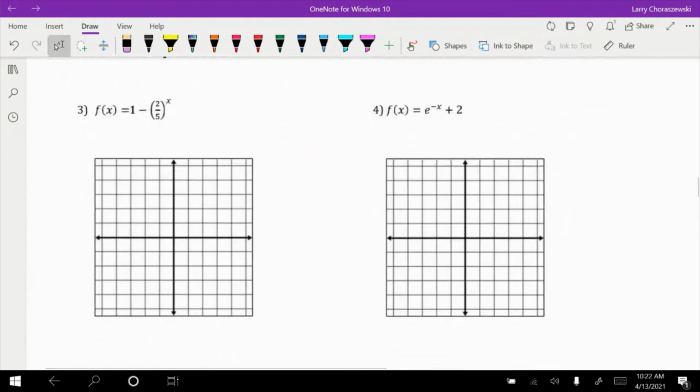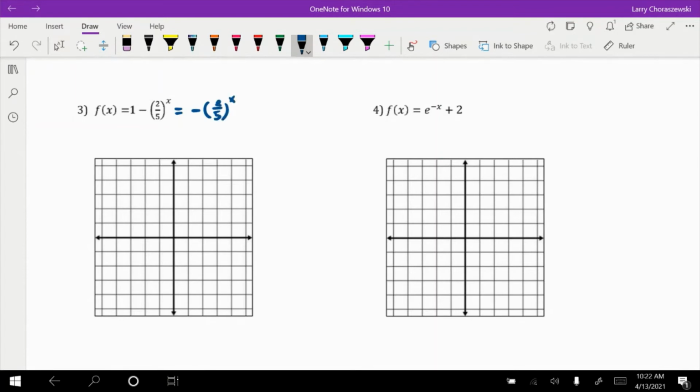Now, for some reason, the author likes to present some of the exponential functions in this format, where it's kind of like switched up. The exponential expression and the value of k are swapped with each other. When I see that, I just quickly rewrite it with the exponential expression leading off, which, since we're subtracting it, is going to make a negative in front of 2/5 to the power of x.